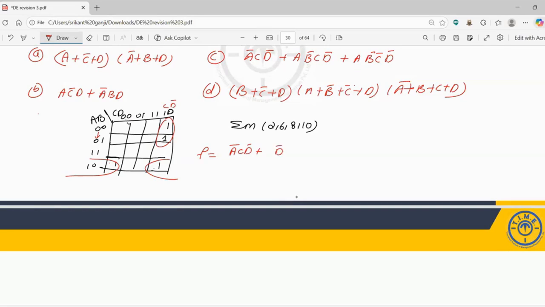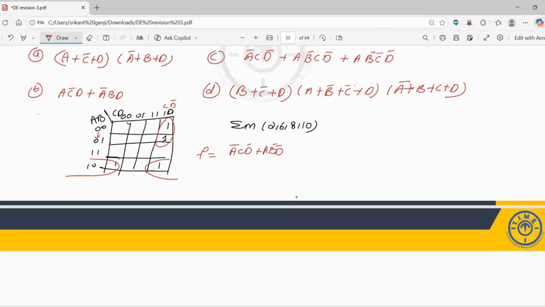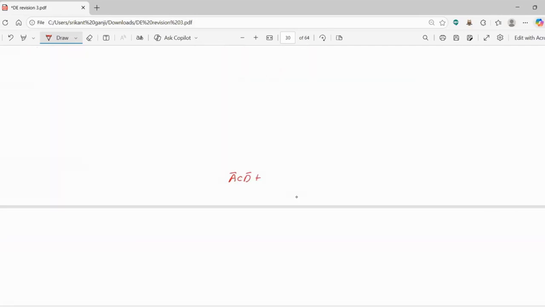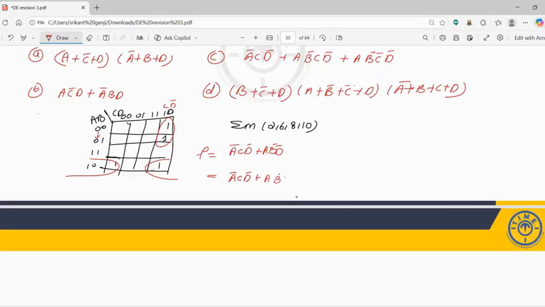And this is AB bar. So now I can write it as A bar CD bar plus AB bar D bar. I can write it as C plus C bar. So C plus C bar means option C is correct.